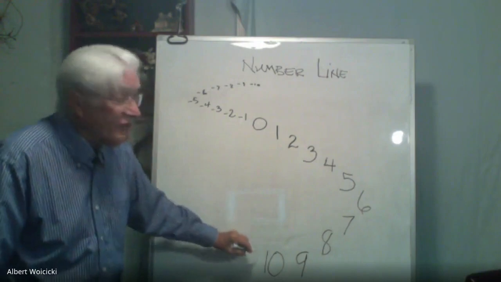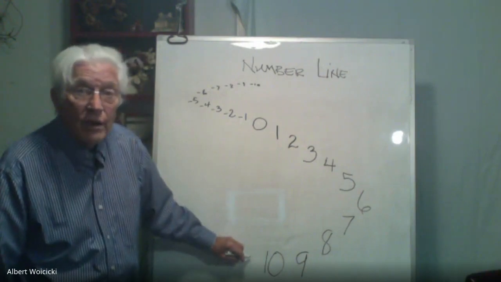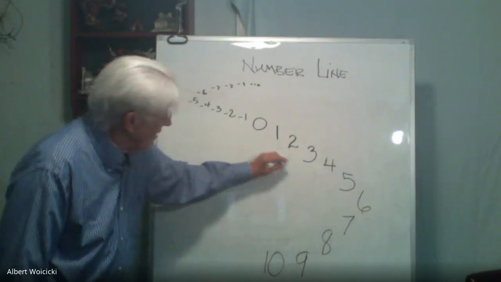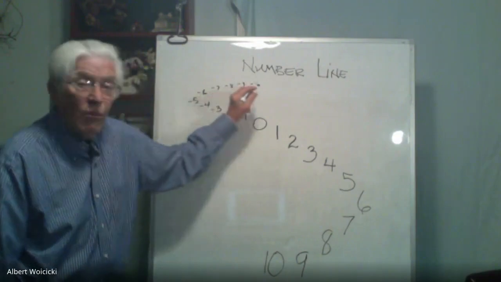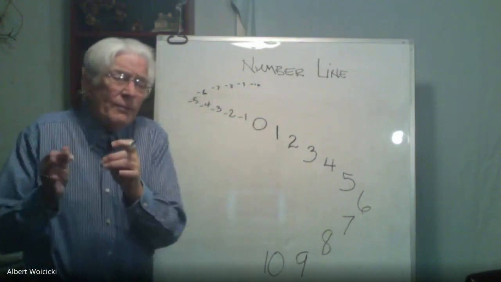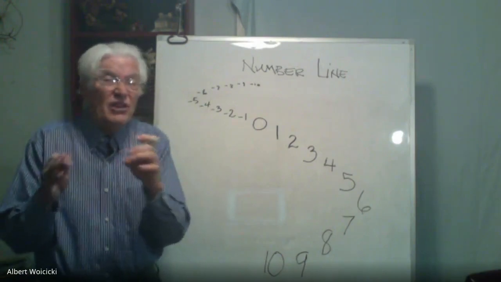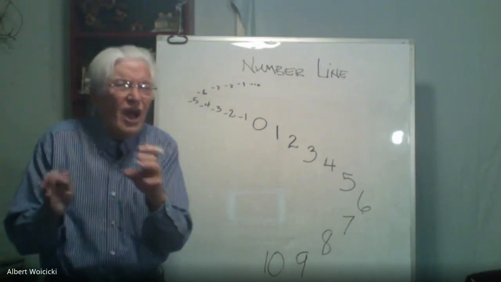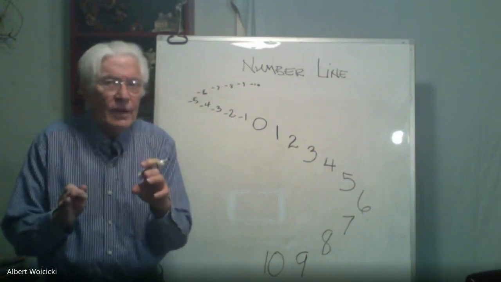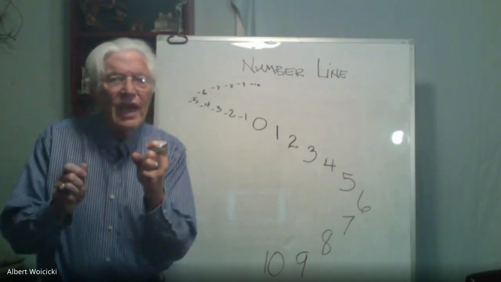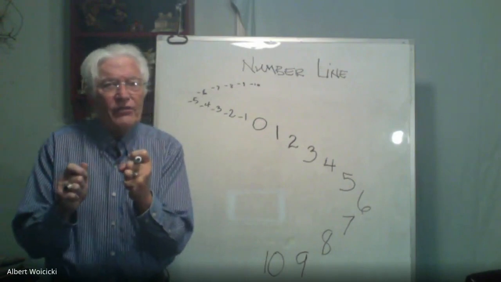So the positive 10 was the biggest one, and the negative 10 was the smallest. So for our youngsters who are looking maybe at the number line for the first time in their life, they're looking at it for size.